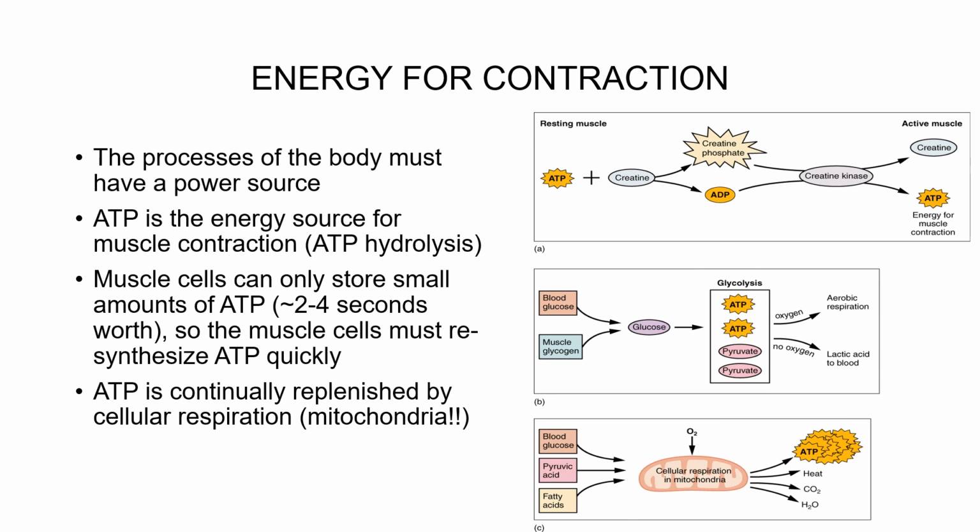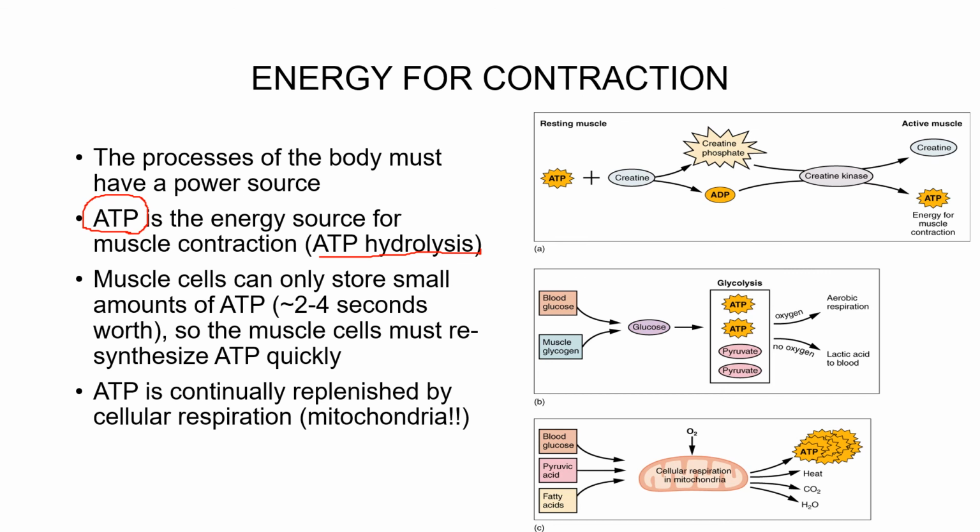So in order for that all or none principle to be effective, we need to have energy. And as we've talked about, energy has to be in the form of ATP for our body's processes. So what we do is we have the adenosine triphosphate and we break it apart into adenosine diphosphate and then a phosphate group floating around.